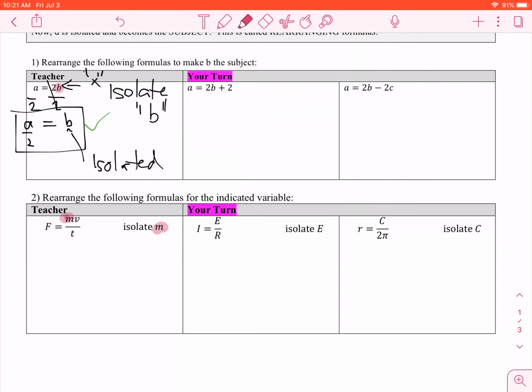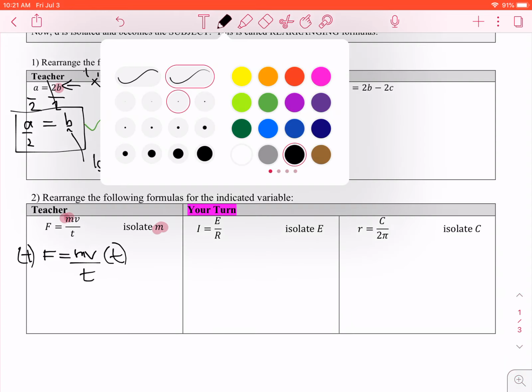Okay, rearrange the following formulas for the indicated variable. Now let's try and isolate for m. Okay, so if you look here, the operations at hand, we have m times v divided by t. Now that division of t really complicates things for us, doesn't it? So something I can do is I can actually multiply both sides by t to eliminate t. Okay, so what I have here, these cancel.